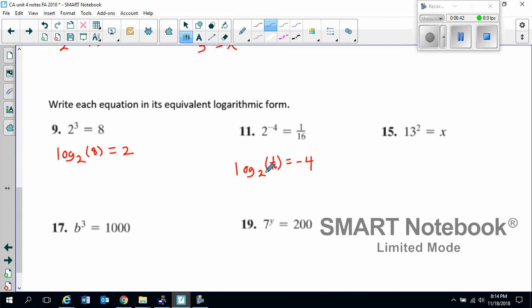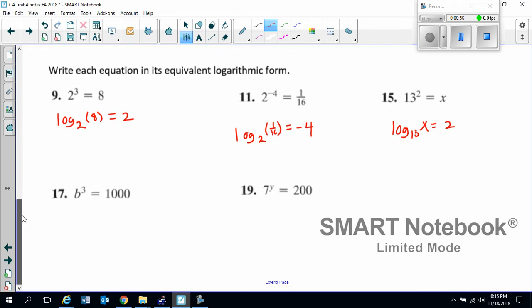These two values right here have to stay positive. All right, so then this one right here is going to be log base 13 of x equals 2. That's it. Okay. All right, coming down here, this is going to be log base b of 1,000 equals 3. And then this next one's going to be log base 7 of 200 equals y. And that's it.